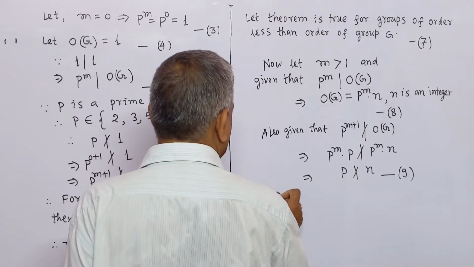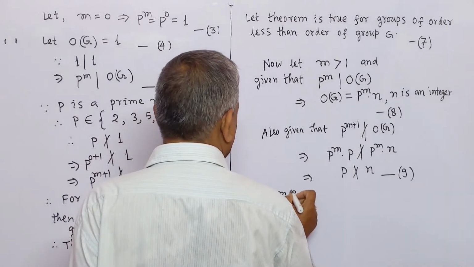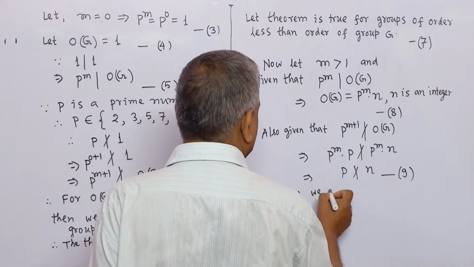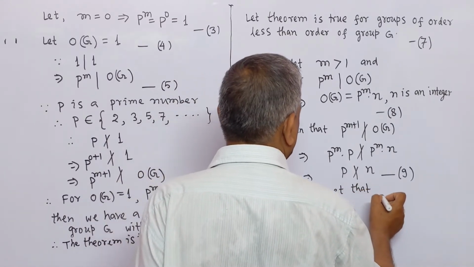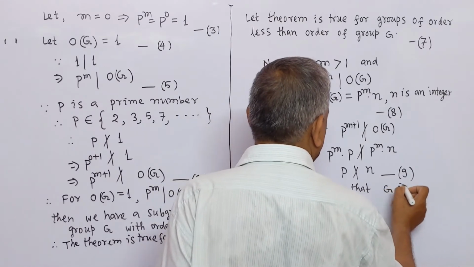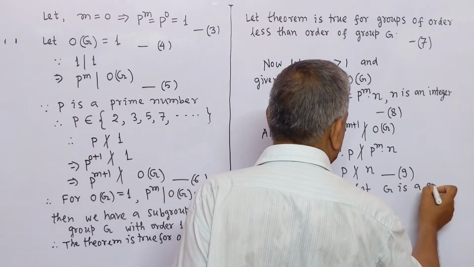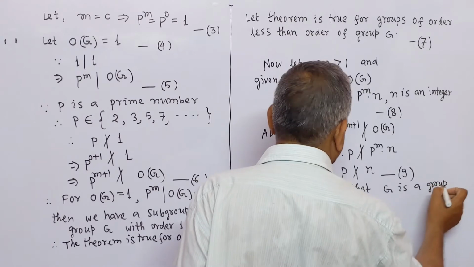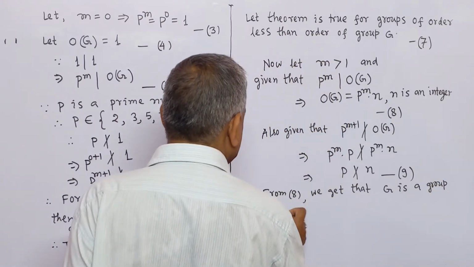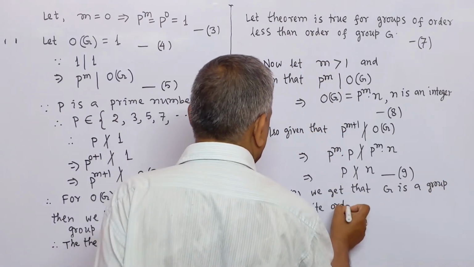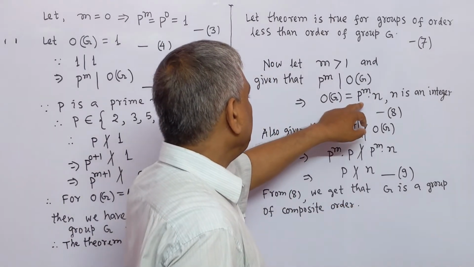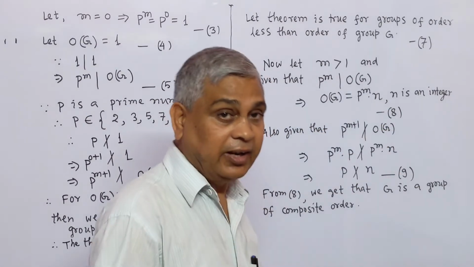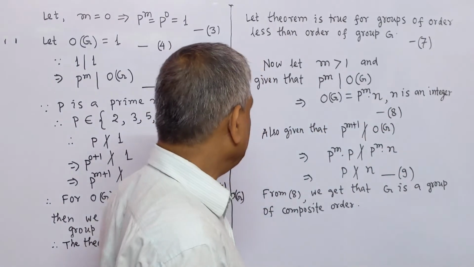From 8, we get that G is a group of composite order. Since order of G is equal to P to the power m multiply n, this is a composite number.